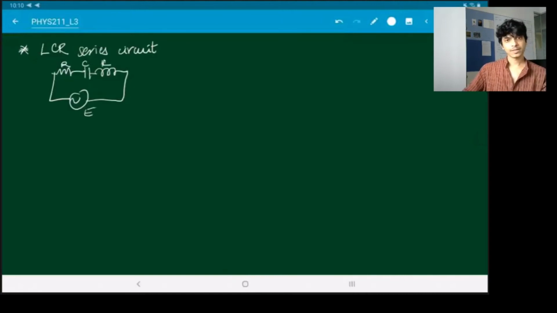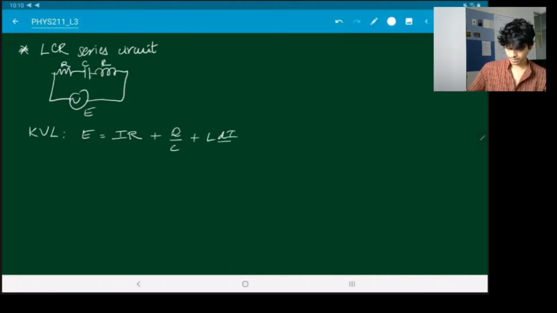What is the equation that describes this circuit? We'll use Kirchhoff's voltage law again. So E is going to be, for the resistor we have IR, for the capacitor we have Q divided by C, for the inductor we have L di by dt.